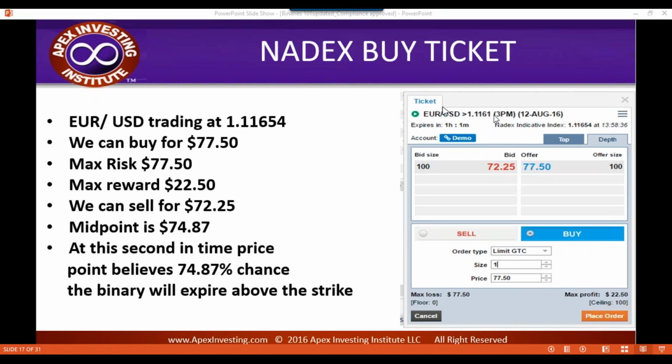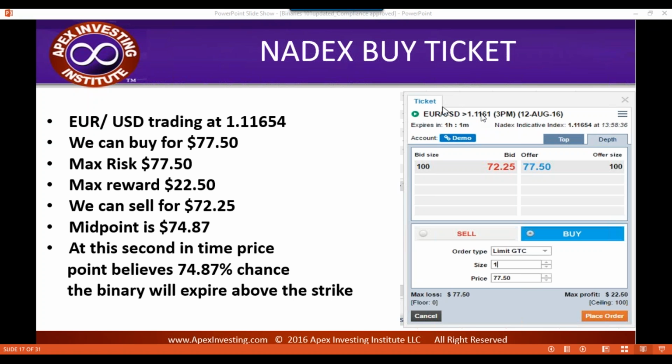Does that make sense? Because I know sometimes people say, how did that lose? Because it expired right at 1.1161. Right, but you said it would expire greater than. So if it expires as a tie, for example, on a buy, that is a loss.